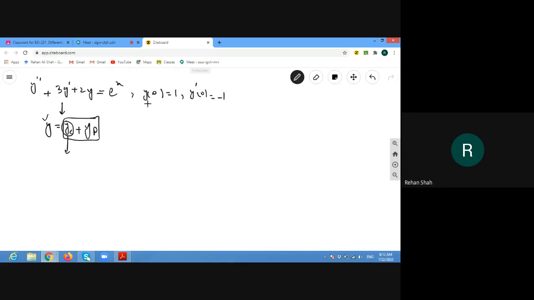So if you put these initial conditions in this y, you will get a specific solution for y. So this y is actually the general solution. The general solution contains two parts: one is the complementary solution, another is the particular solution. But if you put the initial condition, you will find the arbitrary constants of integral c1, c2. After putting these c1, c2 in this general solution y, you will get a specific solution for this specific problem.